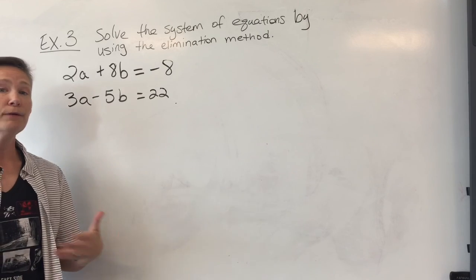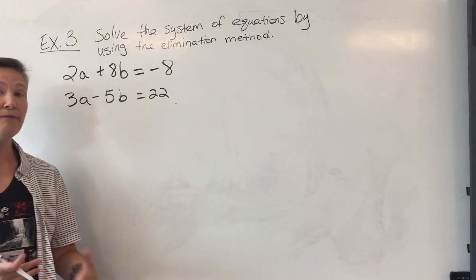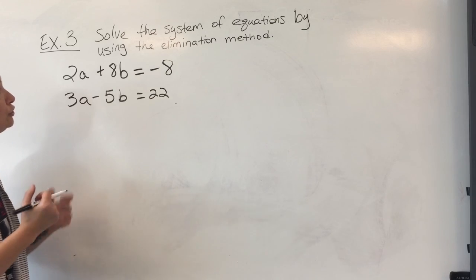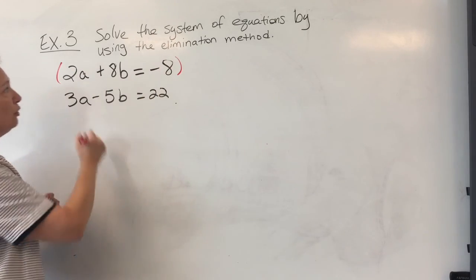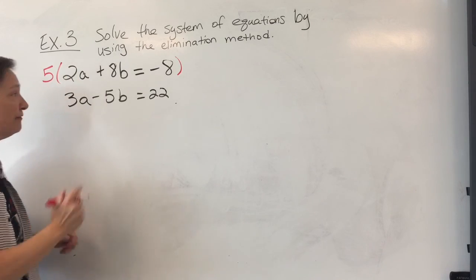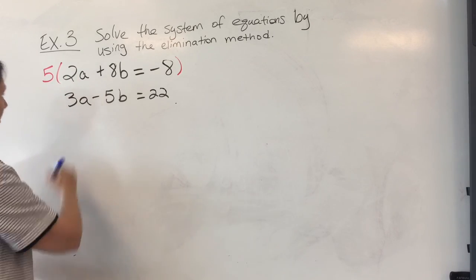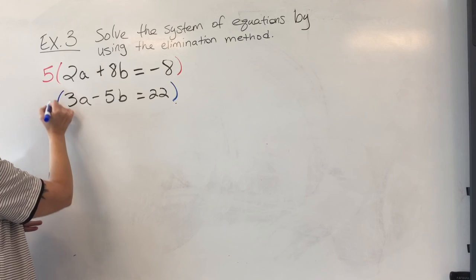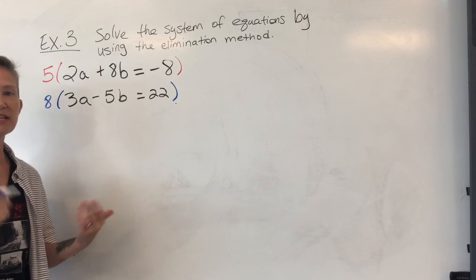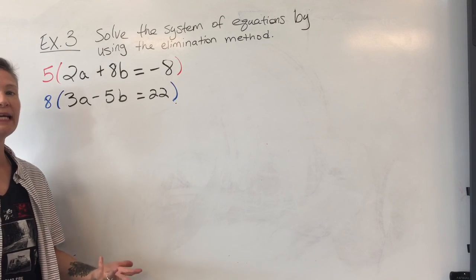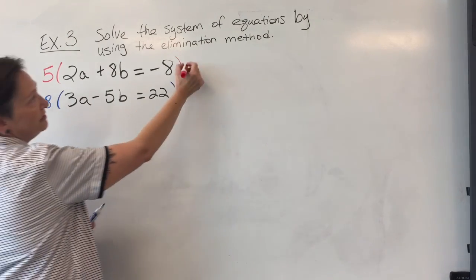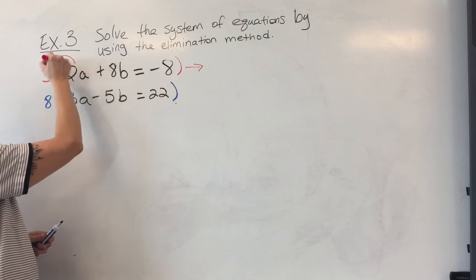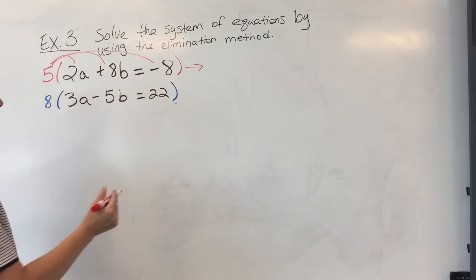I know that one of the multiples of 8 and 5 is 40. So what I'm going to do is multiply the top equation by 5 and then the bottom equation by 8. This is going to give me that coefficient of 40 I need to eliminate the B terms. So let's do this off to the side.